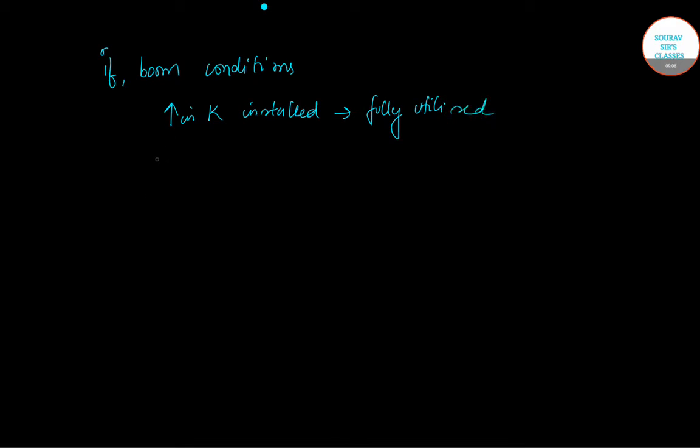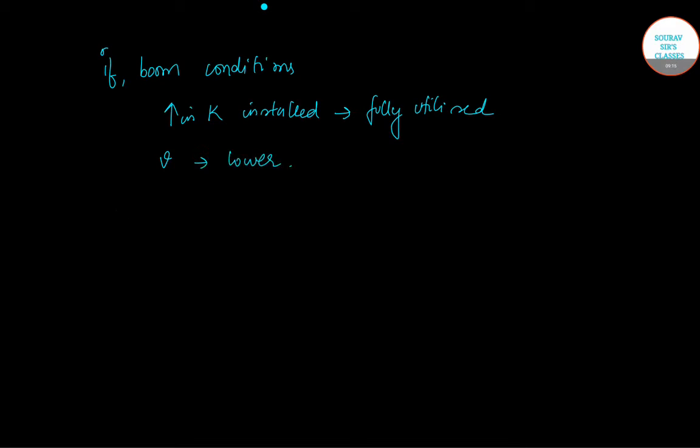Now, here I can cite one example so that it becomes a little easier. Say there are boom conditions in the economy, and as a result the increase in capital installed during the period is fully utilized. So the actual capital output ratio, which is given by V, will be lower.